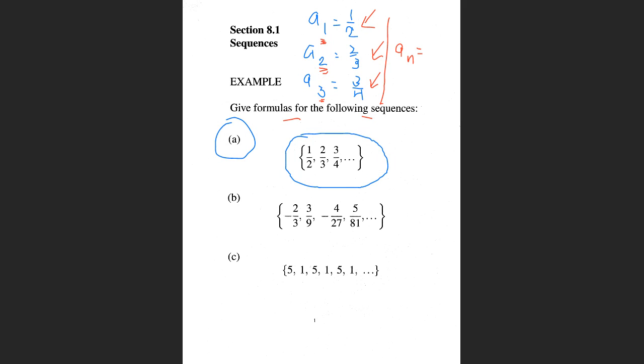Tal, what do you think? I think for A, would it be n over n plus 1? Yes, good, Tal. And I'm assuming Samuel agrees. Yes, excellent. Are there any questions on that?